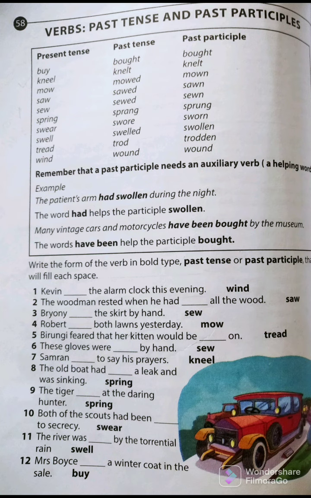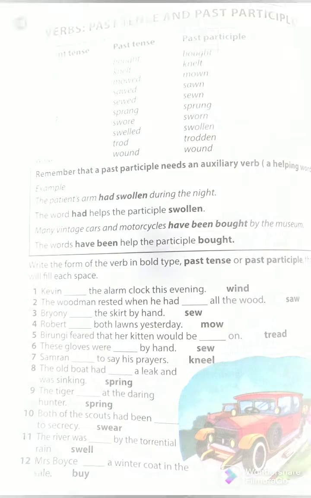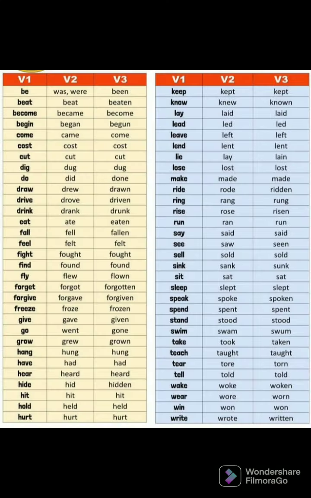Now I'm going to provide a new page, and you can see here many more verbs, and verbs are in 3 forms. Many more examples, many more verbs you can see here, and present tense, past tense, and past participle, these also we can call V1, V2, V3. Present tense we can call it in short V1.